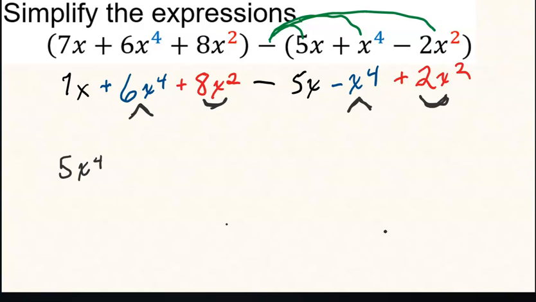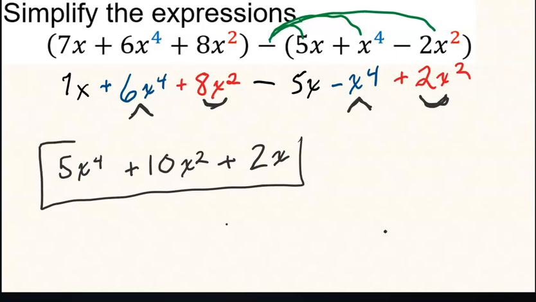I'm going to combine those. And 8 plus 2 is 10. Then 7x plus -5x is 2x. So that's plus 2x. And that is my answer. That is the simplified form of this expression.